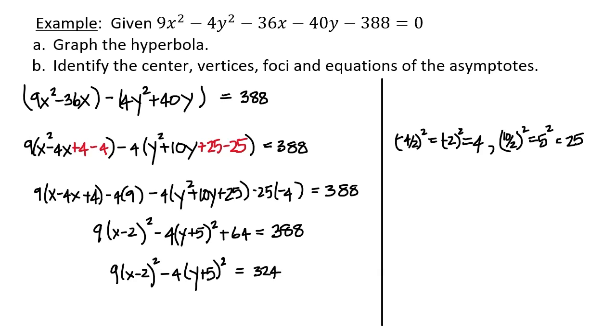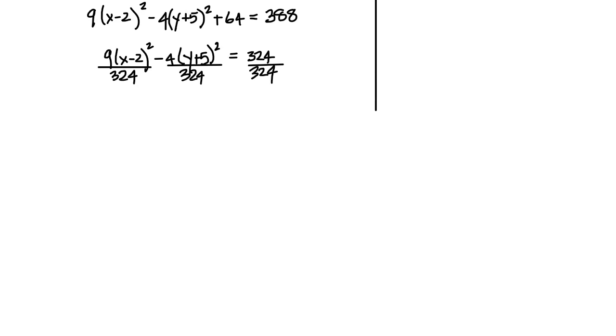324. Now I still need to get a 1 on the right side of the equation. So that means I have to divide everything by 324.